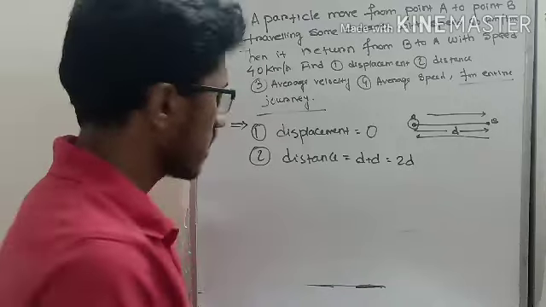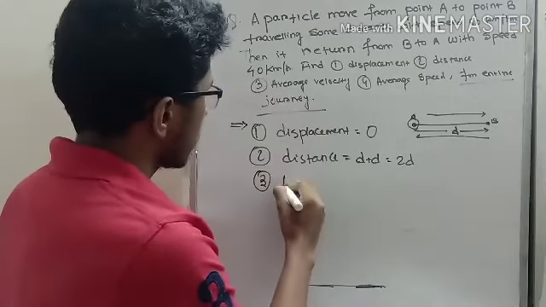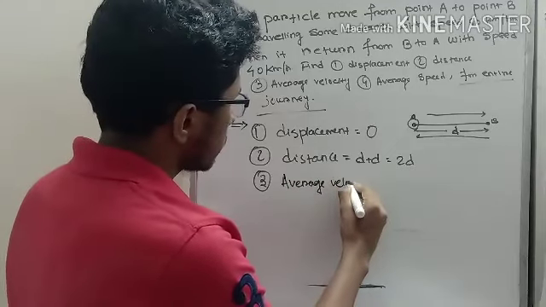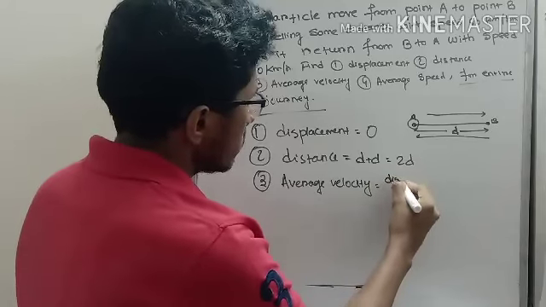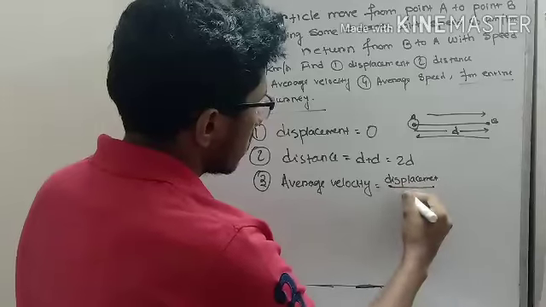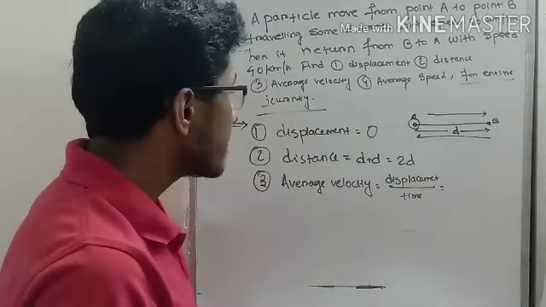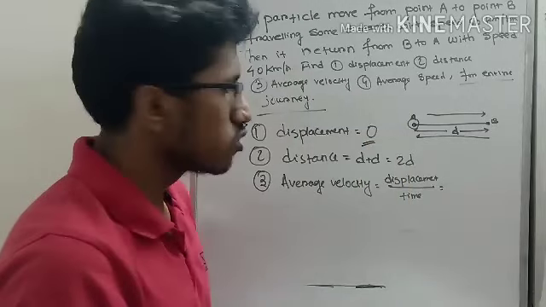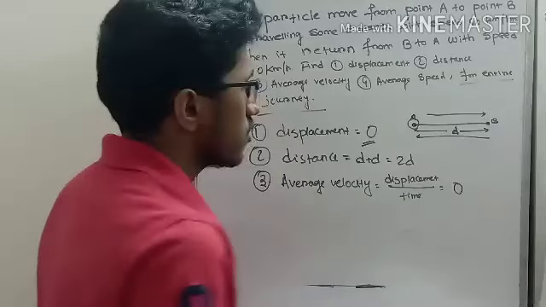Clear? And third is average velocity. Average velocity is displacement by time. What is the displacement here? Here displacement is 0. So average velocity becomes 0.